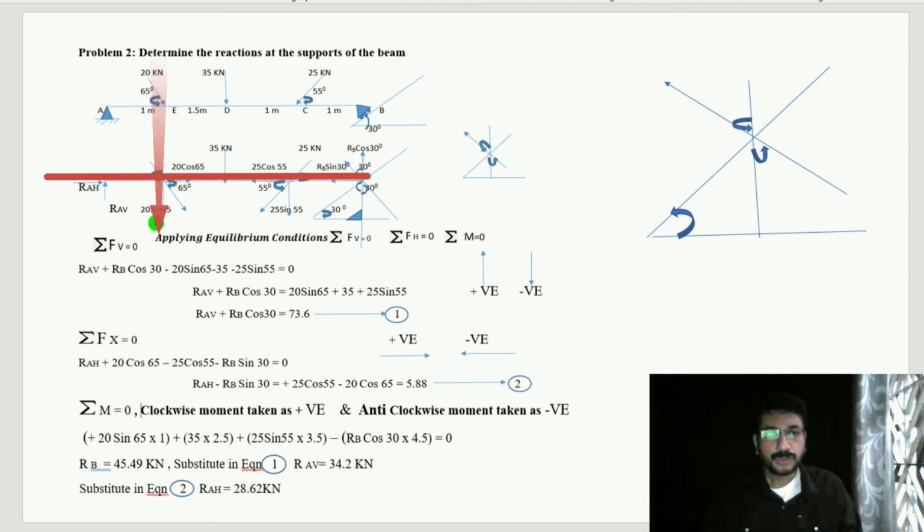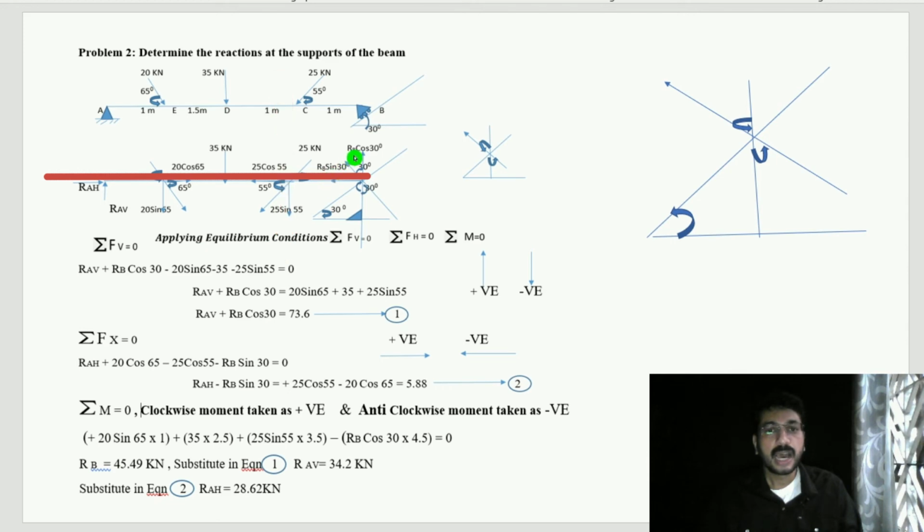The force 20 sin 65 makes a clockwise moment of magnitude 20 sin 65 into 1. Another force, 35, makes a clockwise moment of magnitude 35 into 2.5. And 25 sin 55 into 3.5 also acts along the clockwise direction.